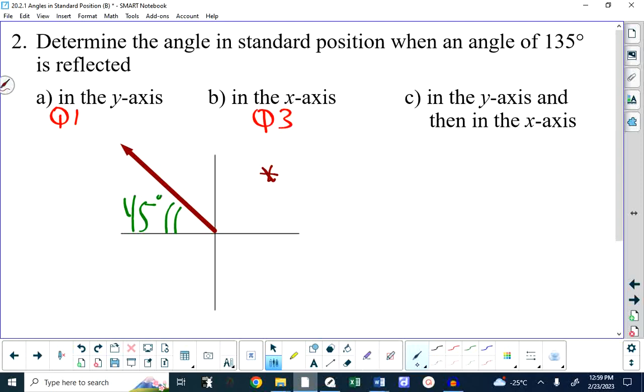And really what this boils down to now is you remembering that the reference angle doesn't change.